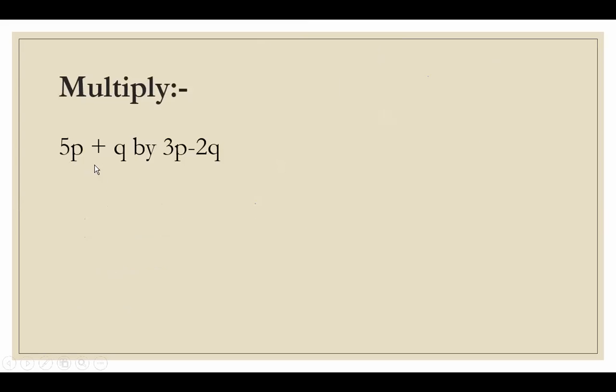Next question, 5p plus q by 3p minus 2q. Now I want students, you have to solve this question with me. Okay, just solve this question with me and give me the answers in the chat box. First, what is the first step in this question, Sheroz? What we have to do in the first step?